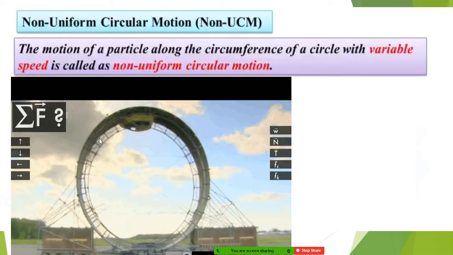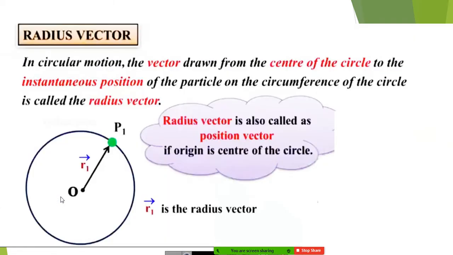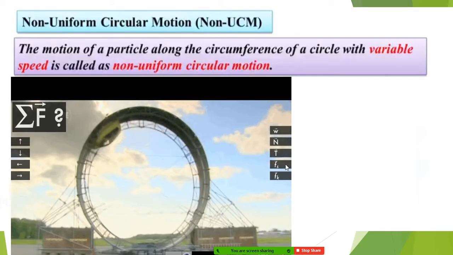The speed is not the same. So the speed is variable, right? Then in this case we say this type of motion is non-uniform circular motion. Clear? The motion of a particle along the circumference of a circle with variable speed is called non-uniform circular motion. Clear? This part is clear?